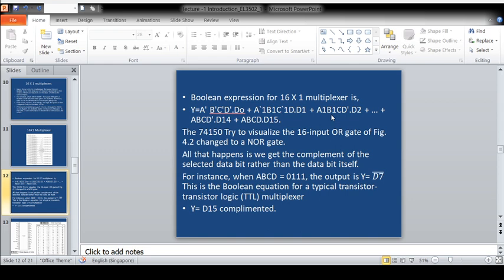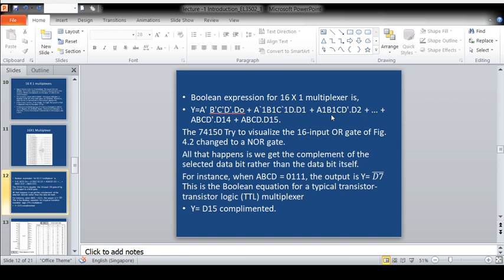So they will enable that particular AND gate, and D0 can pass through that gate and through the OR gate available at the output. So if ABCD is 0000, D0 is going to be steered at the output.